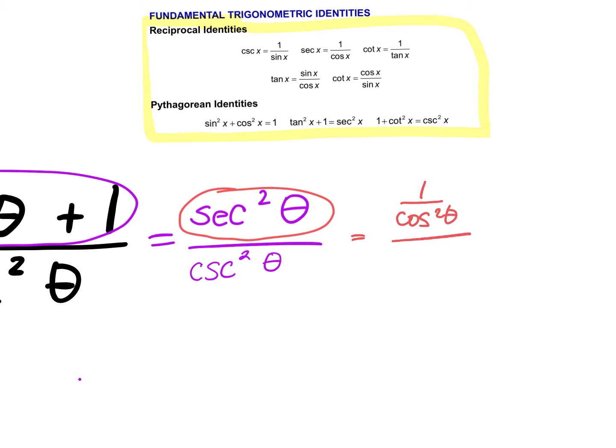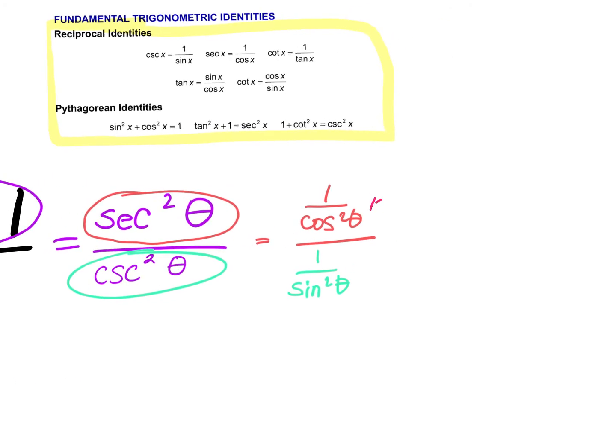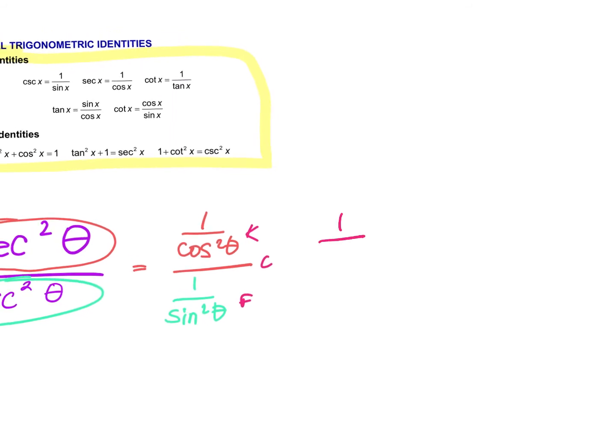What am I going to change cosecant into? Cosecant's the same as what? Perfect. 1 over sine squared. And now I just have 2 fractions, and I'm doing what to them? I'm dividing them, so I'm going to keep, change, flip, and multiply. Keep, change, flip. So I have 1 over cosine squared theta times, what happens with 1 over sine squared?